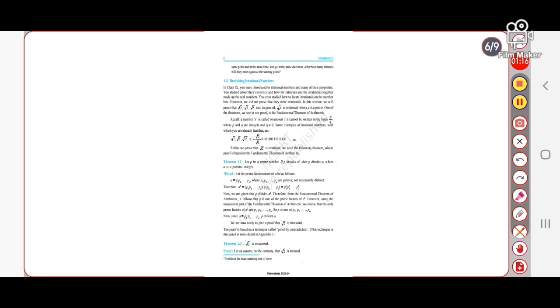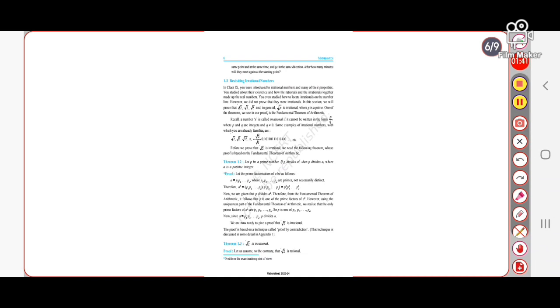The first question that is being asked here is: prove that root 2 is irrational. They have asked us to prove it irrational, so our first step is to assume the given number to be rational.